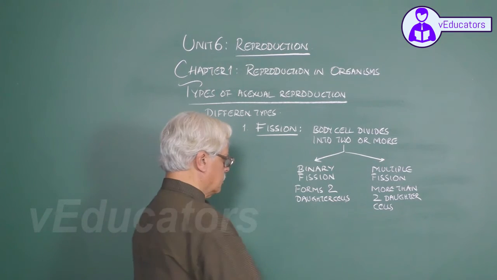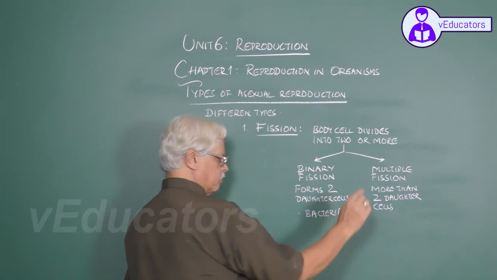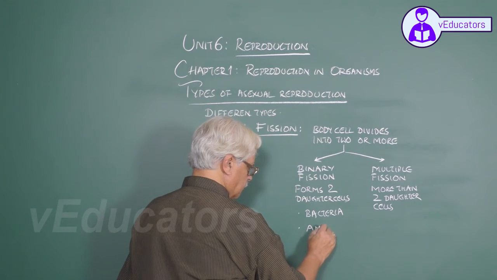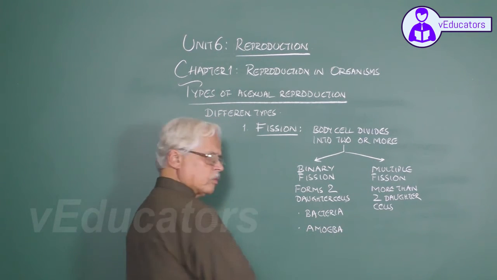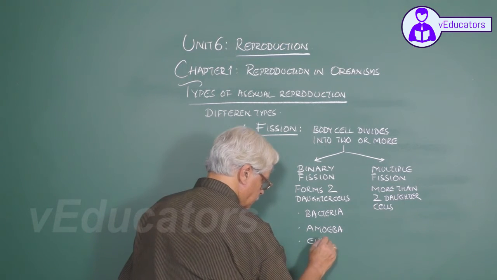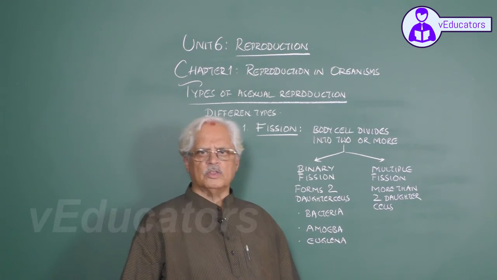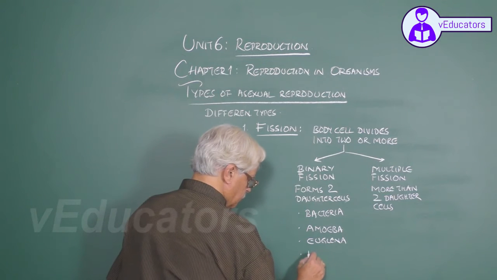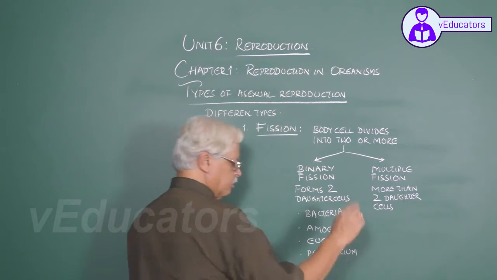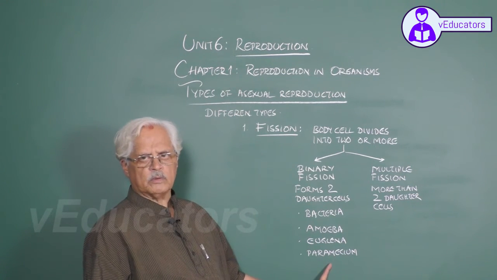Binary fission is observed in examples like bacteria, amoeba, a unicellular animal, euglena, another unicellular organism, and paramecium, another unicellular protozoan animal.